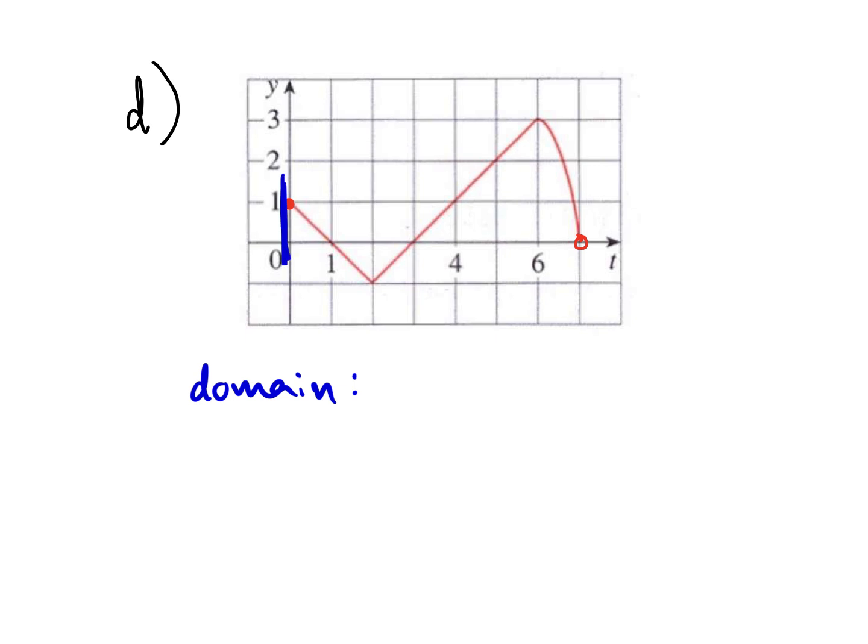The first x value that our graph touches would be 0. And it's a closed circle, so bracket 0. What's the last x value that our graph touches? 7. And it's an open circle at 7, so it'd be a parentheses. So our graph is in between the x values 0 and 7.